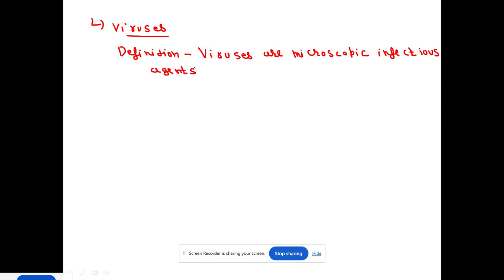Viruses are what? Microscopic infectious agents that can reproduce inside the living cells. That you call the host cell. Okay. So that living cell is basically the host cell.